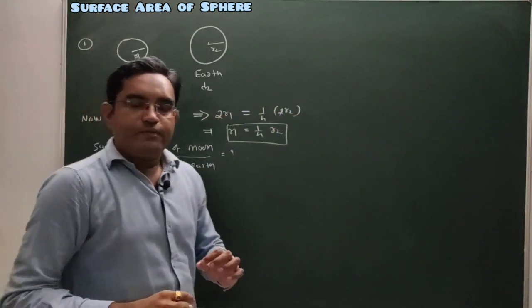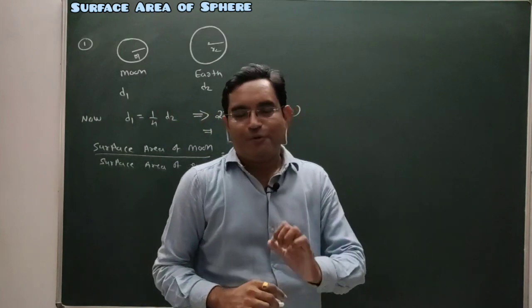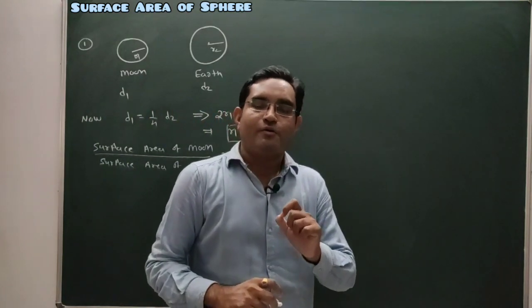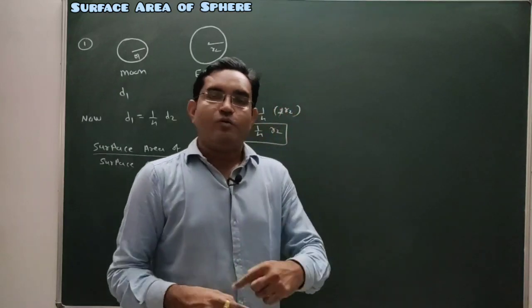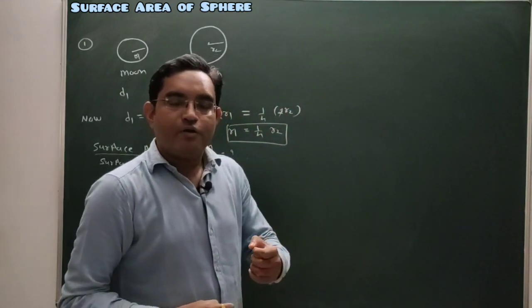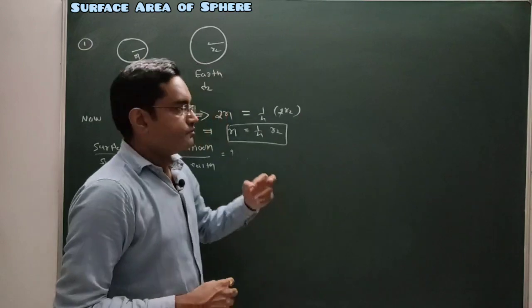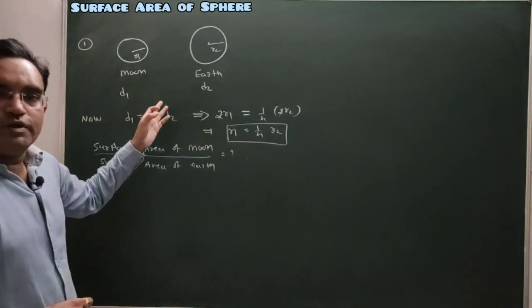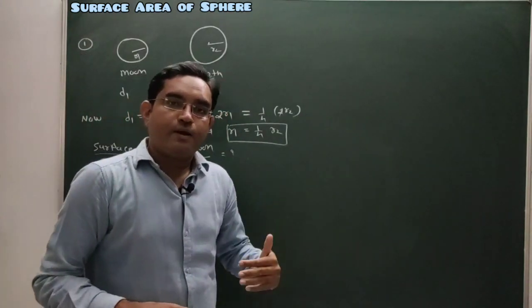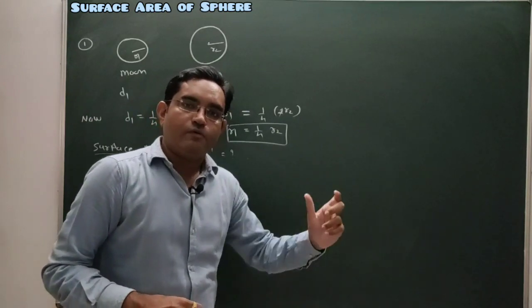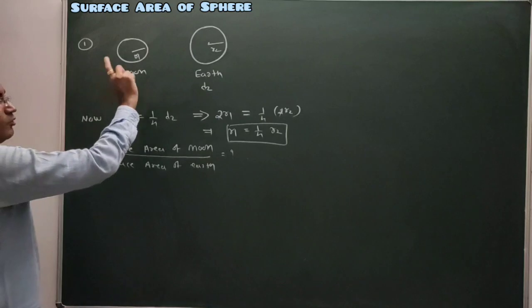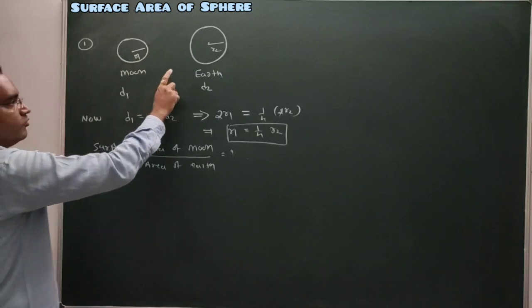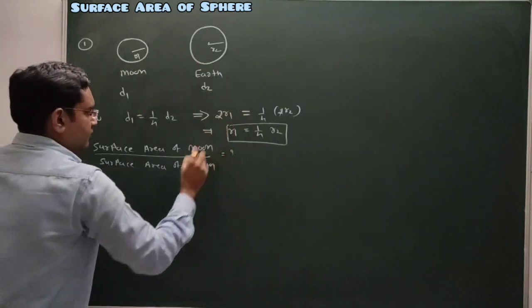That means if diameter of moon is approximately 1/4 of diameter of earth, then we can also say that radius of moon is also approximately 1/4 of radius of this earth.